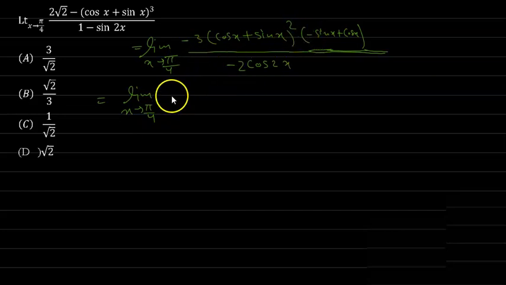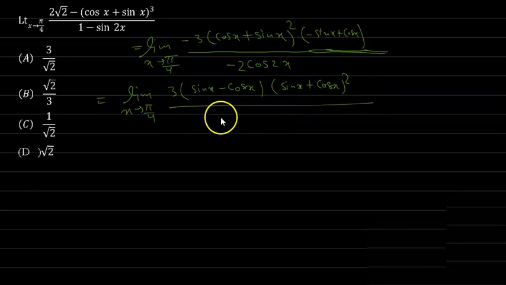If you take minus outside, so it is 3, and this is (sin x minus cos x) multiplied by (sin x plus cos x) square divided by minus 2 cos 2x, limit x tends to pi by 4.